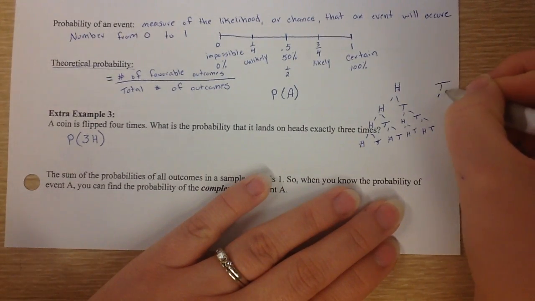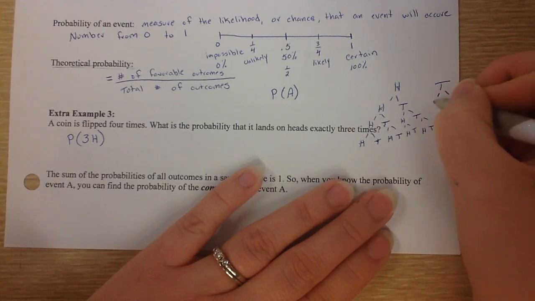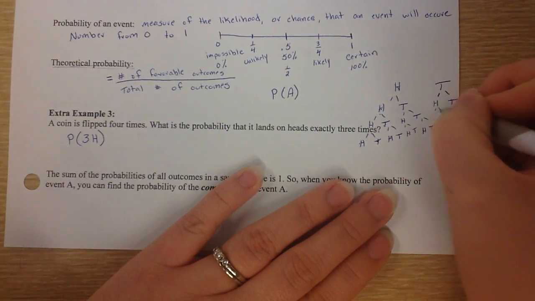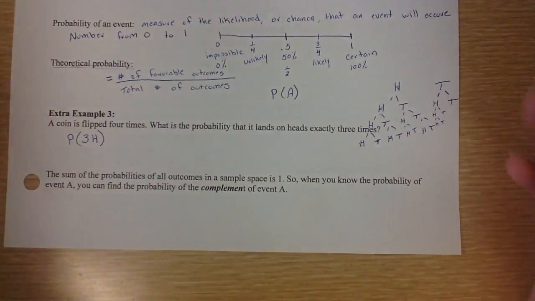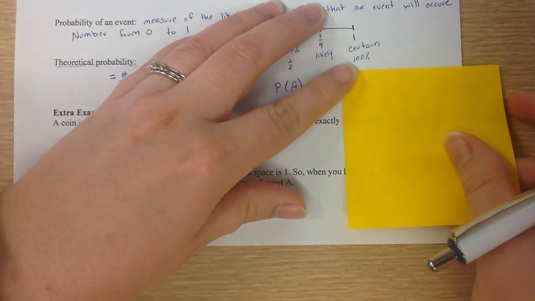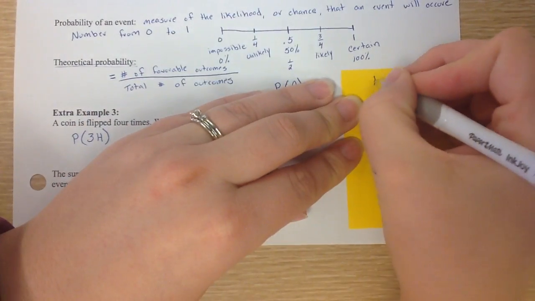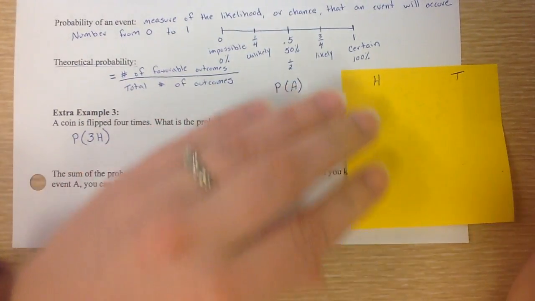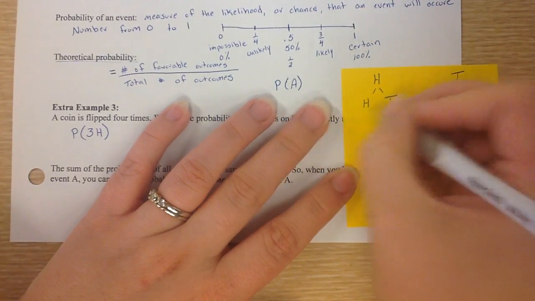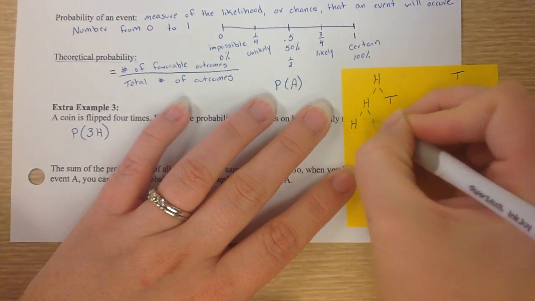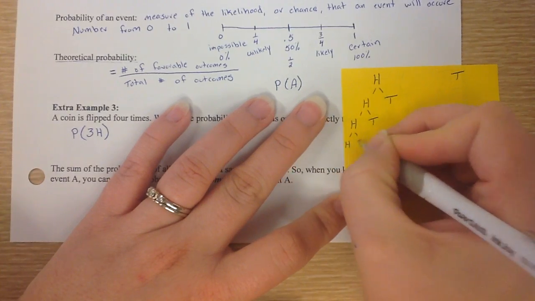Let's do the tree diagram for tails then. So tails first, we could get a heads and a tails on the second flip, and the third heads and a tails. I'm out of room, so grab a Post-it if you've got it. We're going to get a little more room. I could have a heads or a tails on my second flip, here's my third flip, and here's my fourth.